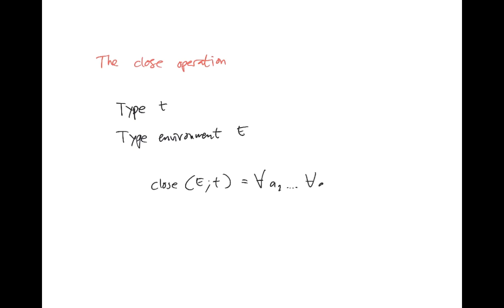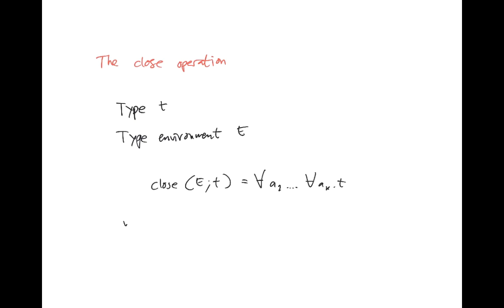If we have a type T that contains free variables and the type environment E, then close of E and T is a type scheme for all A1 up to for all AK.